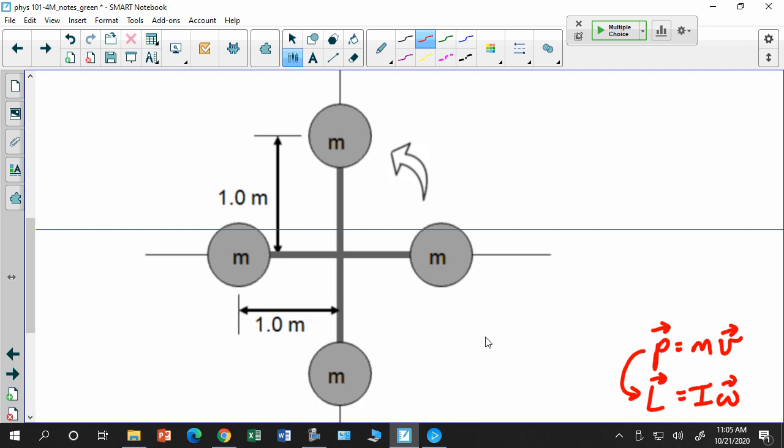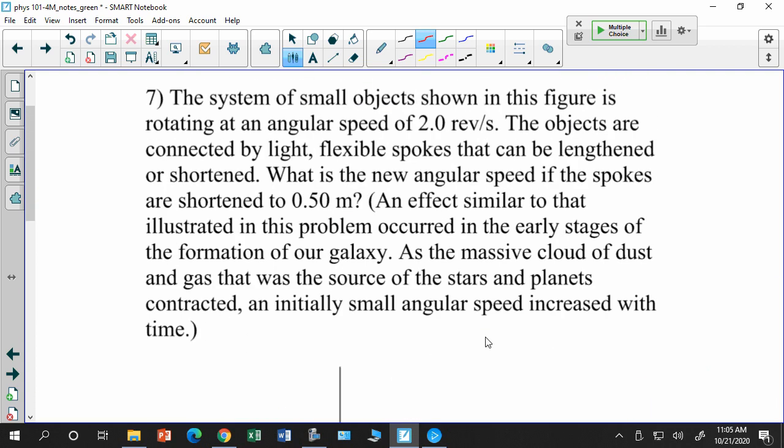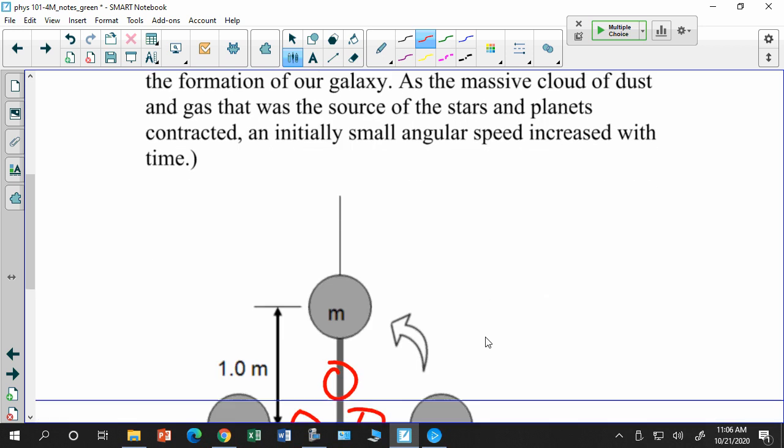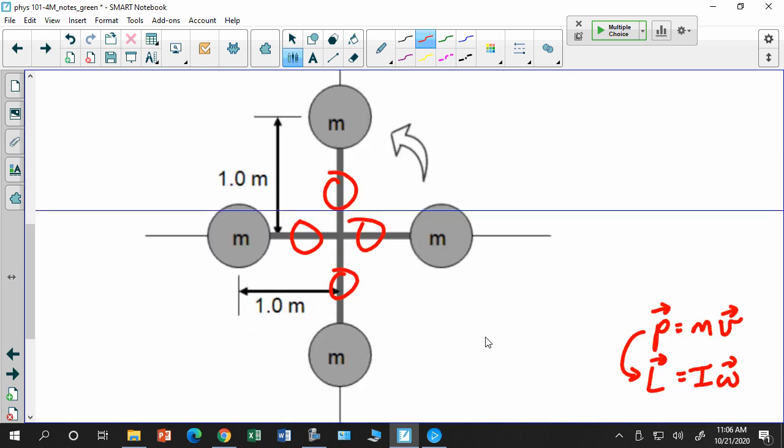Anyway, this object is moving its masses from a distance of 1 meter to a distance of 0.5 meter. The problem describes the objects as connected, and then they're shortened to 0.5 meters. So the objects are originally 1 meter from the center, and then they all move in.